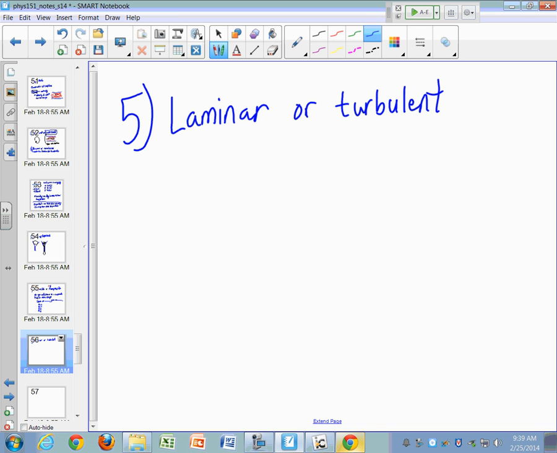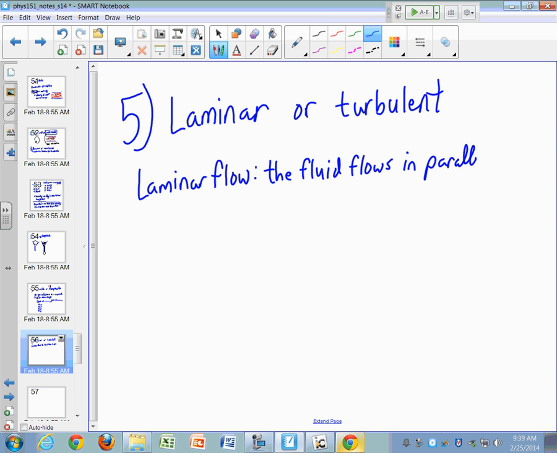In a laminar flow, and this is typically how blood flows through the body, the fluid flows in parallel layers with no interaction between the layers.